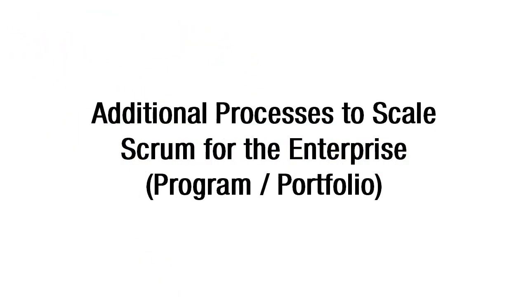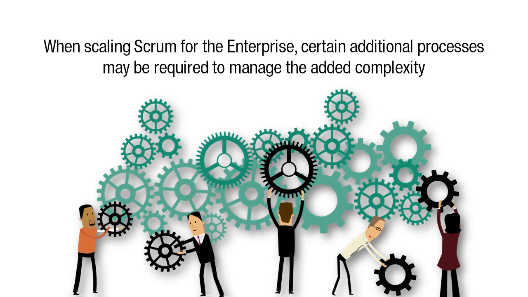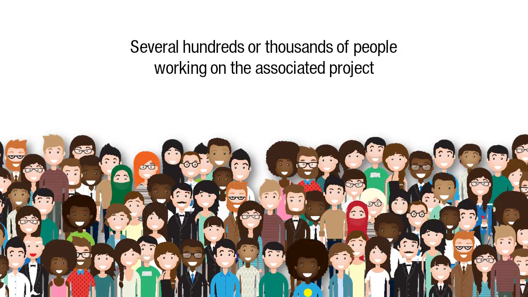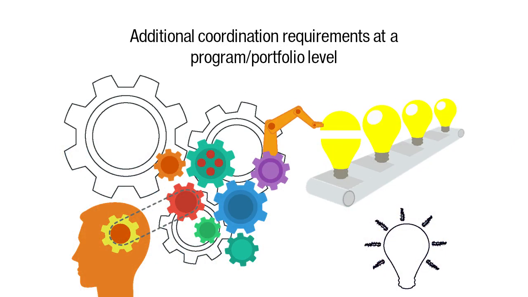Hello! In this video, we will discuss the additional processes to scale Scrum for the enterprise. All Scrum projects that are part of a larger program or portfolio can apply fundamental Scrum processes. However, when scaling Scrum for the enterprise, certain additional processes may be required to manage the added complexity of several hundreds or thousands of people working on the associated projects, and the additional coordination requirements at the program or portfolio level.